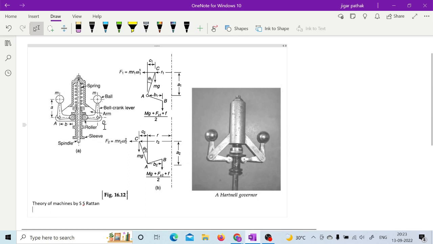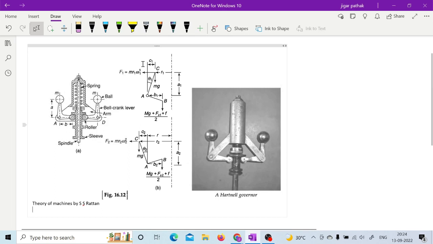They have considered two different positions, position 1 and position 2. The sleeve is moving upward, so that is why they have considered the frictional force as plus F.